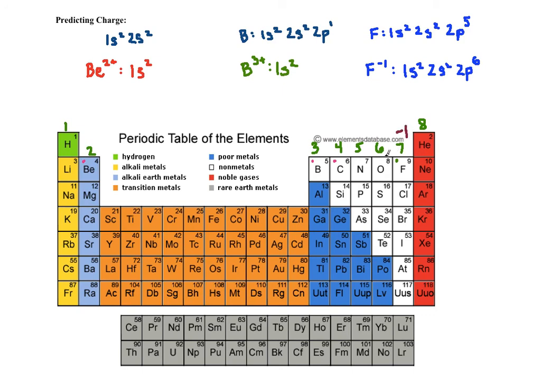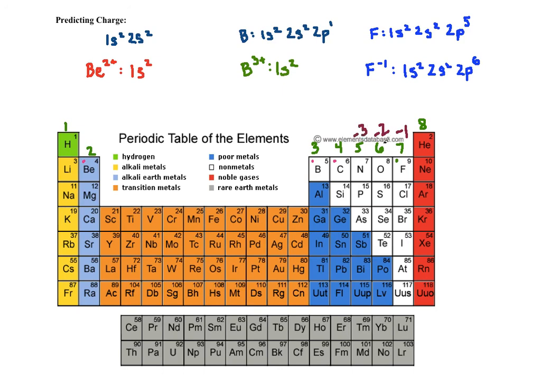Okay. For 6, it can either gain 2 to have 8, or it can lose 6 to have 0 or get back to this perfect octet. So it would rather gain 2, so -2 because electrons have a negative charge. For 5, it can gain 3 to be 8, or it can lose 5 to have 0 valence electrons, so therefore it's going to be -3.